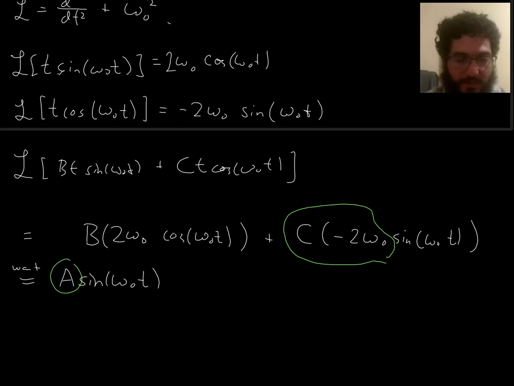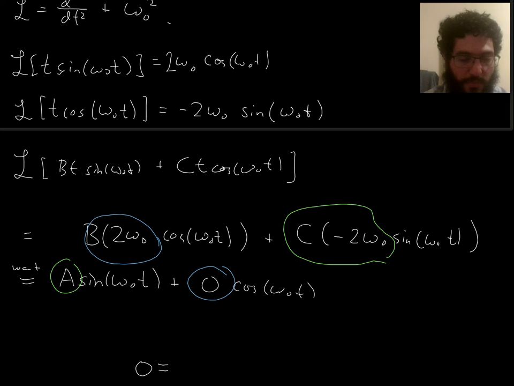So let's just write down the system of equations. For our second equation, you can view this as plus 0 cosine omega naught t. Let me use blue for that one. So this is getting matched up with 0, right? My second equation, the blue one, is 0 equals 2 omega naught b.